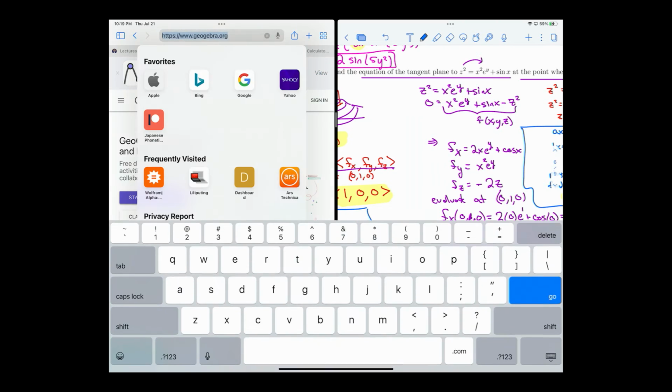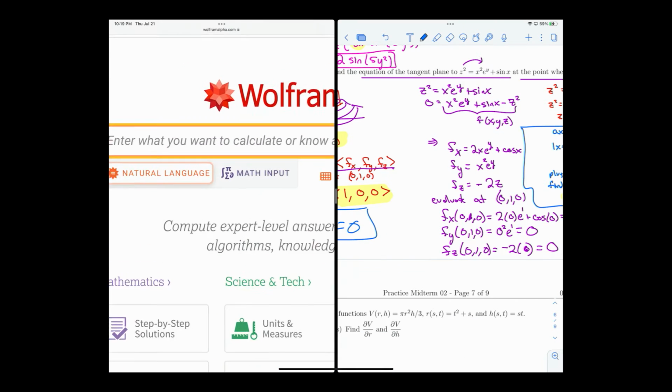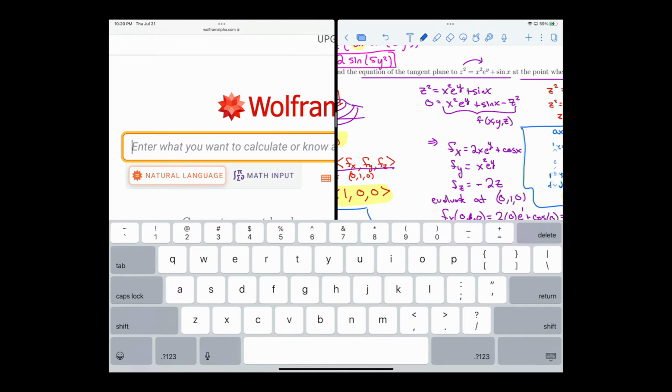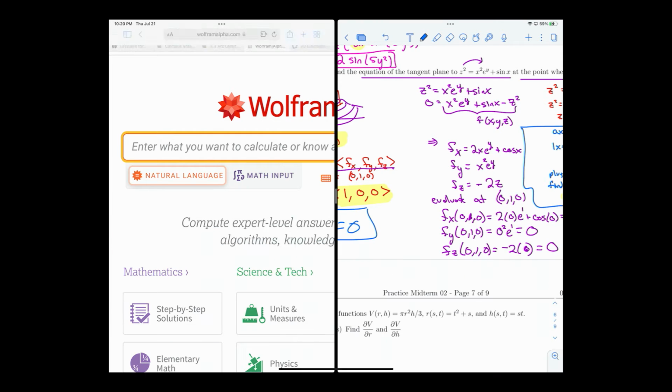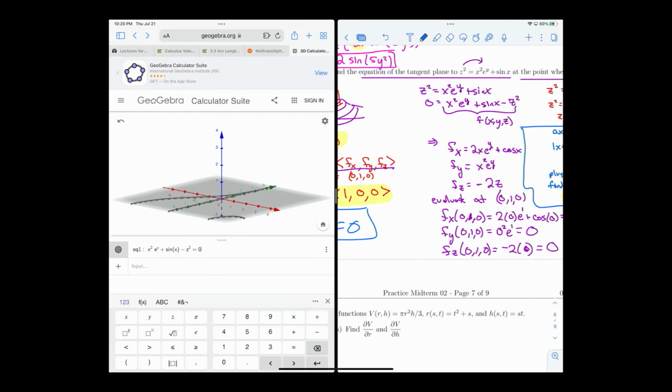We can try to plot it on Wolfram Alpha. No guarantees that this will work either, but we can try it. What I was hoping to do was to not have to. Oh, you know what? I have an idea. I wonder if I put the z. This is my last try, by the way.